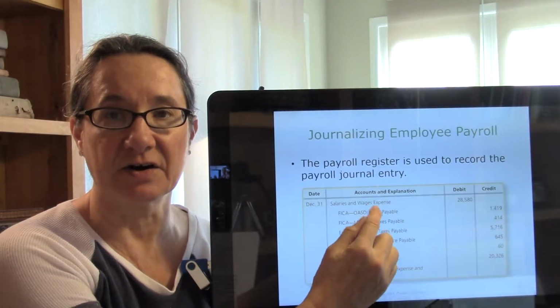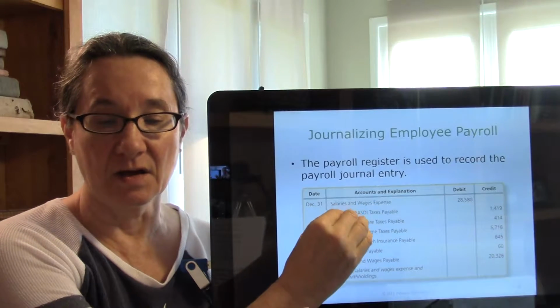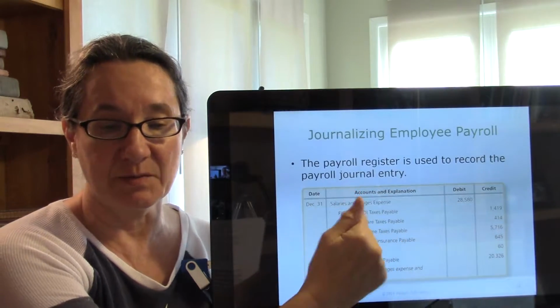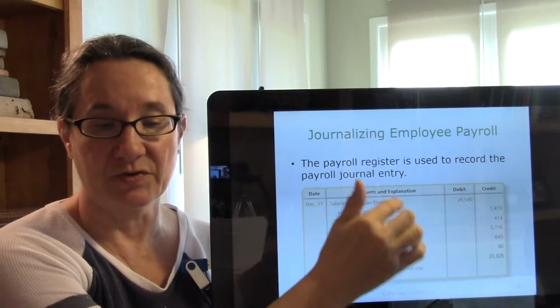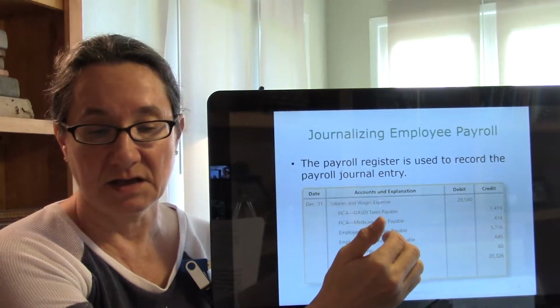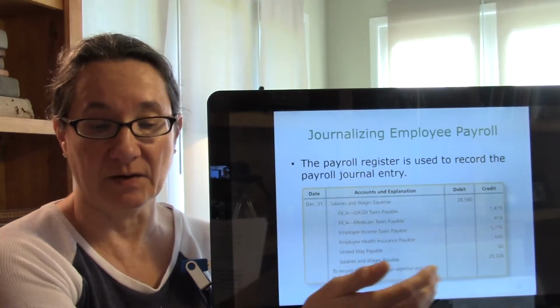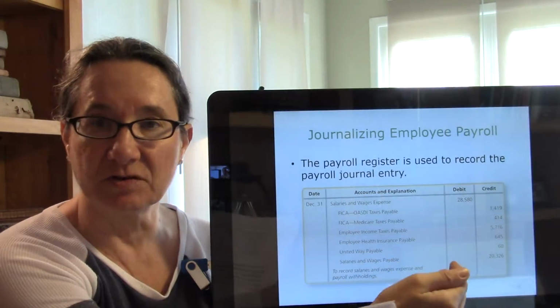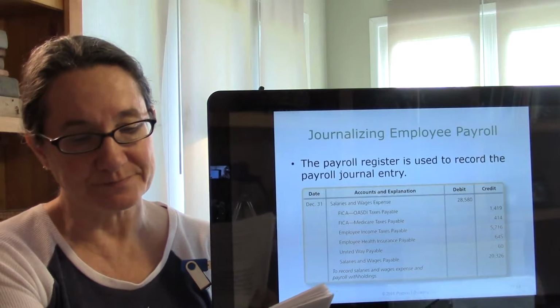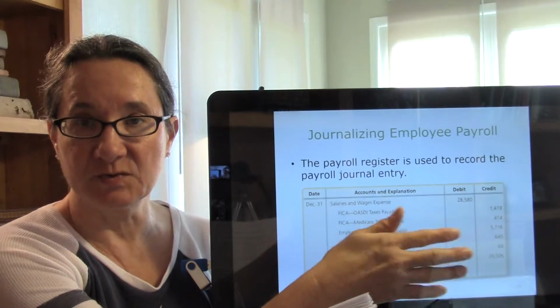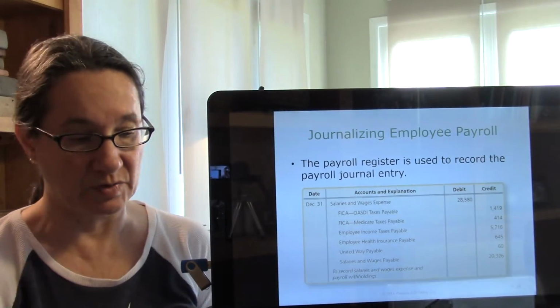So as you can see here, the salary and wage expense is the total, and then they break out all the payables: FICA, income tax, health insurance, United Way, and salaries payable, the actual net that they're going to pay out. So you record the whole thing as an expense and break out each withholding plus what you pay the employee.